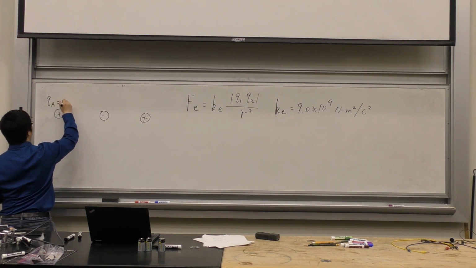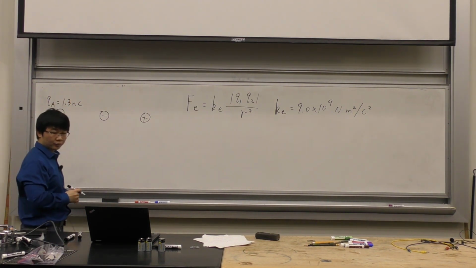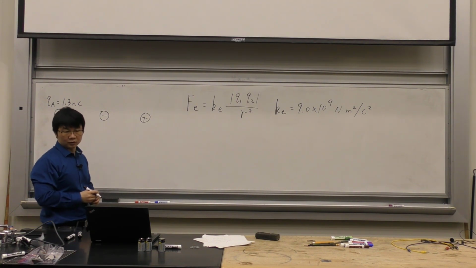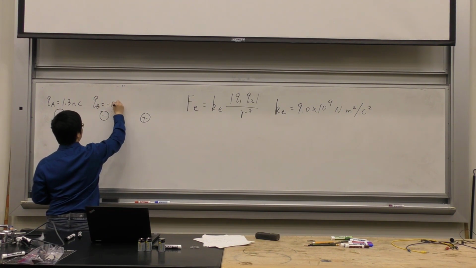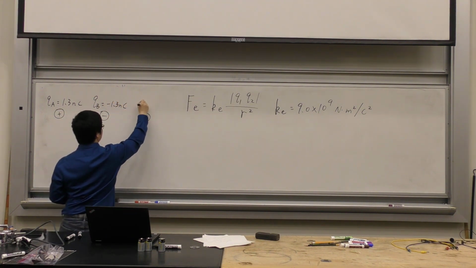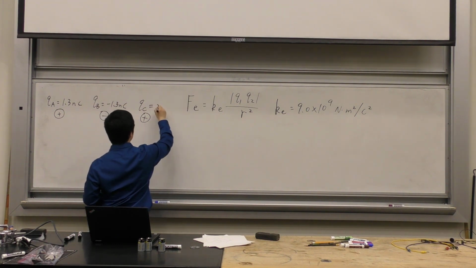We know the amount of charge they carry: QA is positive 1.3 nanocoulombs, QB is negative 1.3 nanocoulombs, and QC is 2.8 nanocoulombs.